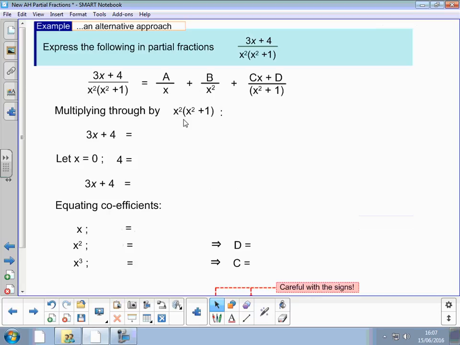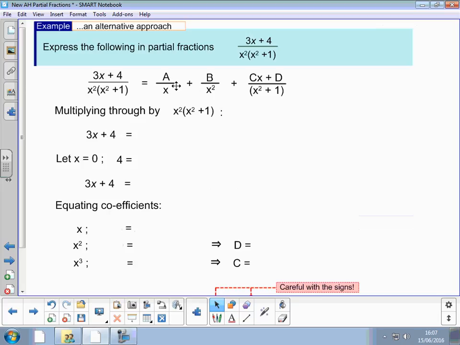As before, we start off by multiplying through by the denominator, x squared times x squared plus 1. So when we do that, on the left-hand side, multiplying through by the denominator, of course, just gets rid of this denominator, leaving us 3x plus 4.